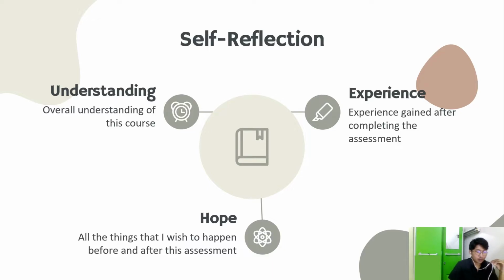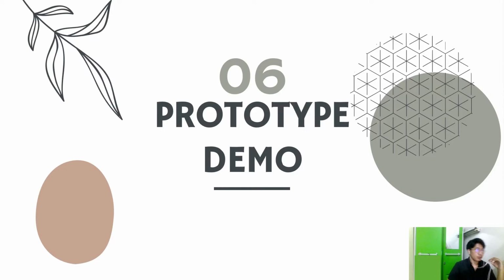I do understand most things. It's just that I wish I could have a better understanding. My hope after this assessment is that I can be much more passionate and have a better comprehension of the things that I learn. So now we go to the prototype demo.